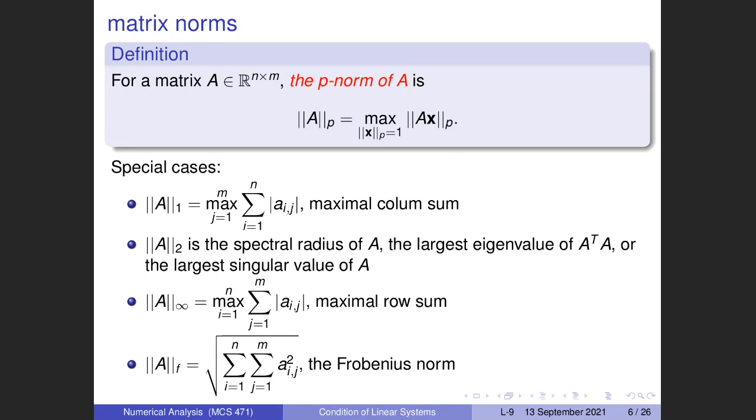So the column sum is probably the easiest to understand, given that I just tried to explain that the columns of the matrix are the images of the standard basis vectors. So with the maximum column sum, you actually look at what the matrix does to the standard basis vectors.